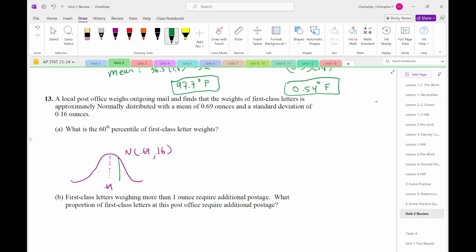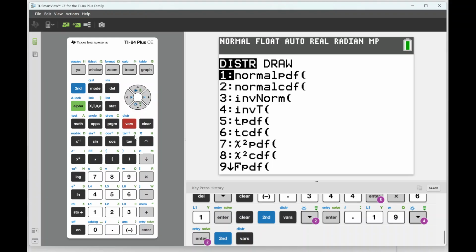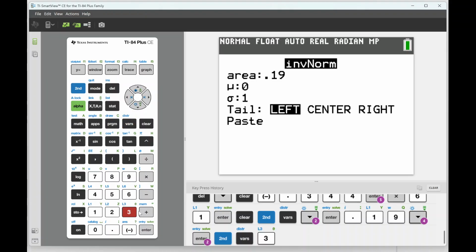So we're going to do inverse norm. And we're going to do 0.6.